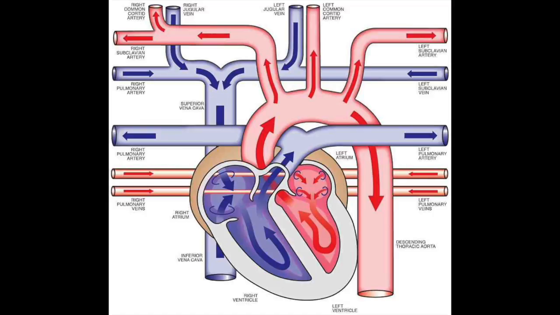Left atrium, left ventricle, aorta, body. Then the blood comes from your body, which uses it. Then it goes back to your right atrium, down to the right ventricle, and gets pumped through the pulmonary arteries into your lungs.